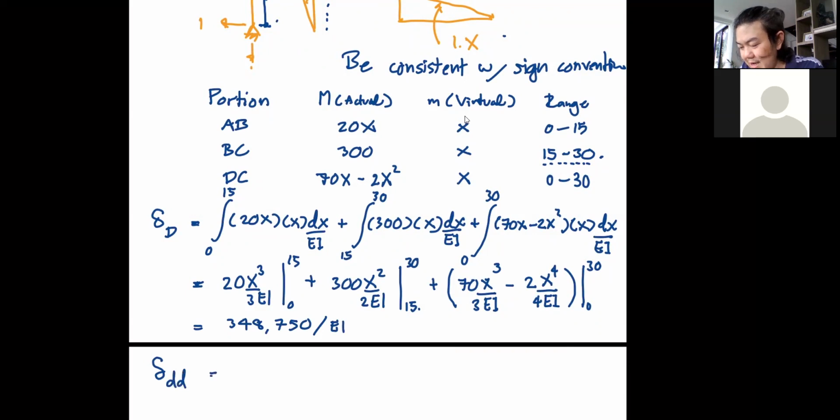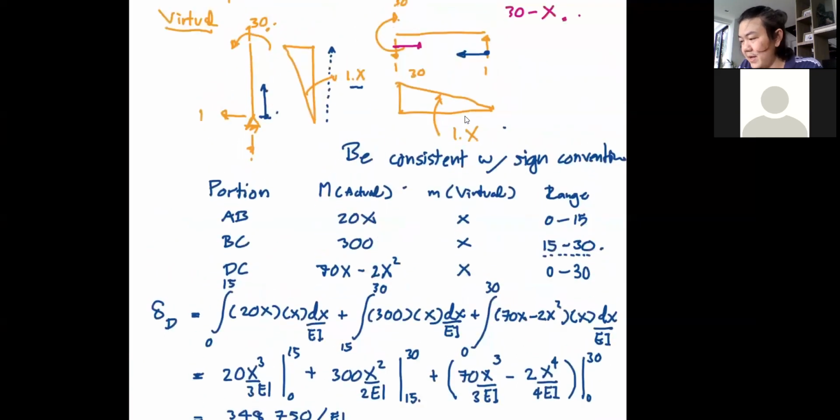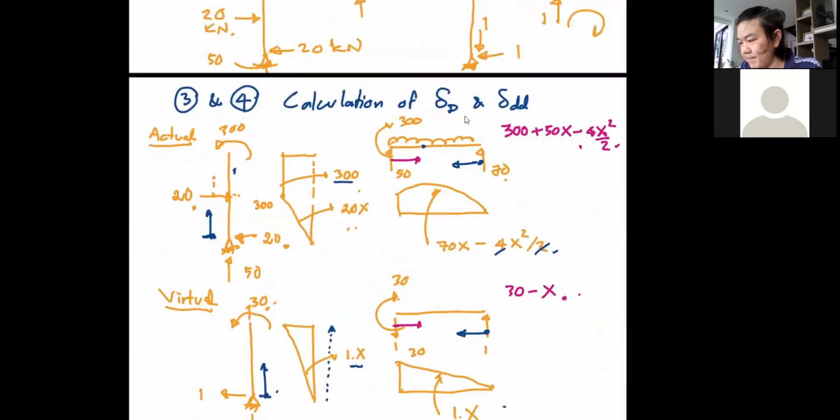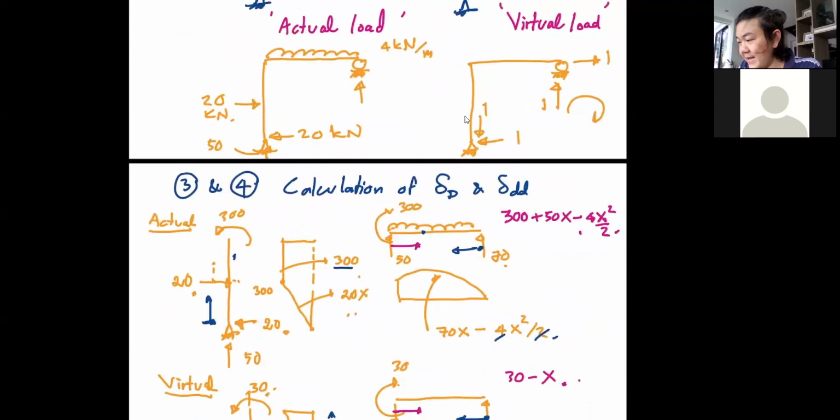So this, as I have said so many times, for this case, my actual load, remember it's this case, right? The second case here is where I want to know the horizontal displacement at this location caused by this load.